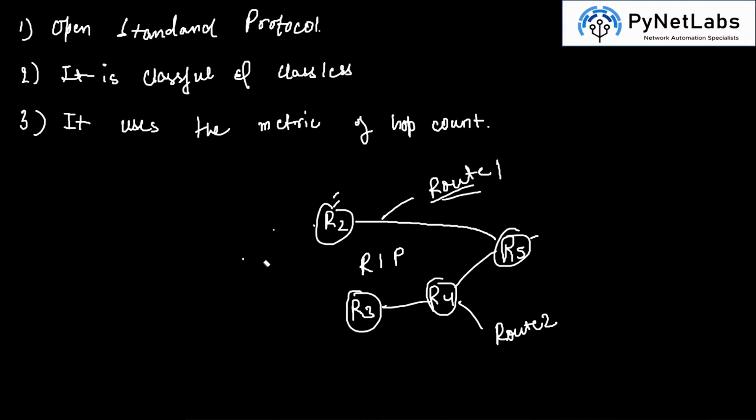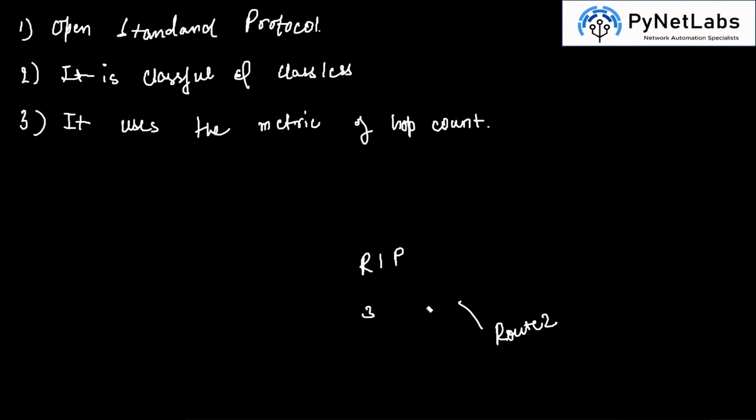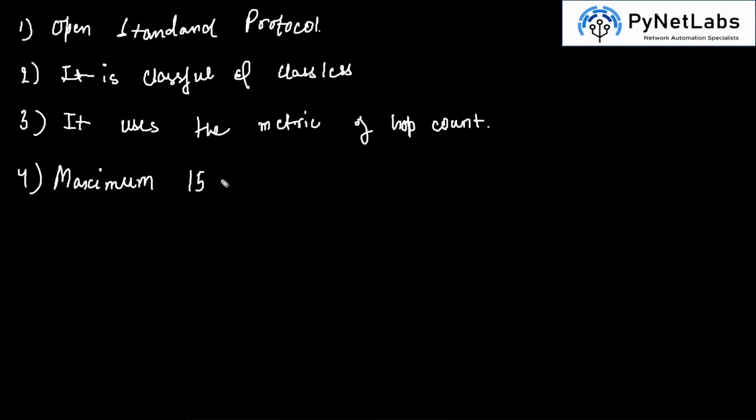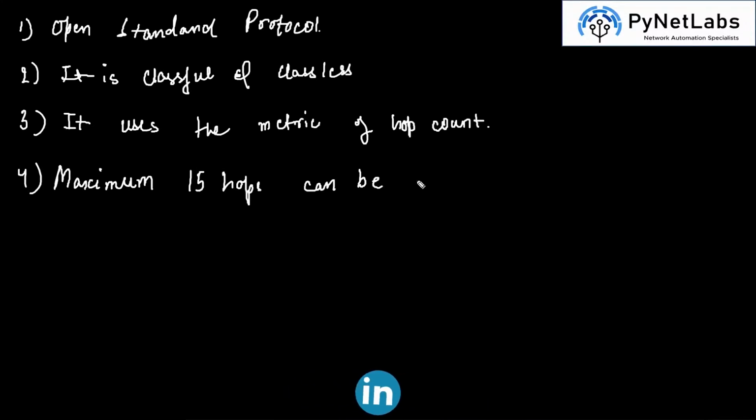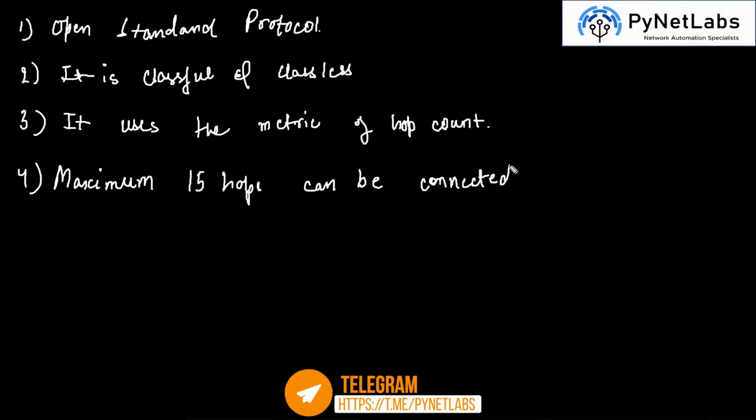And after this, we need to understand that RIP can only work with 15 hops. So we can say a maximum of 15 hops can be configured, or can be connected, using RIP.